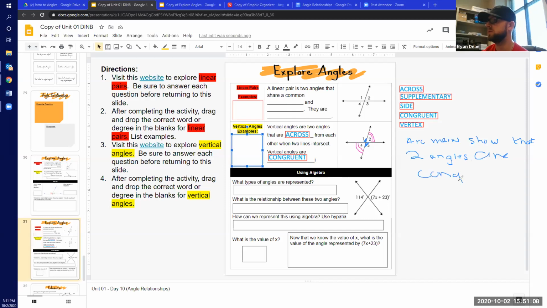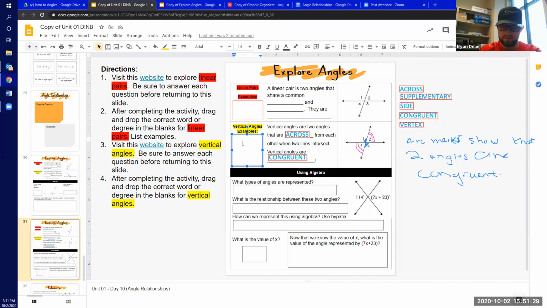The hash marks are only for segments. Angles use the arc marks. So arc marks show that two angles are congruent. So in our example here, we can say that angle 1 is congruent to angle 3. Now, if you're typing these, you can just use this symbol.